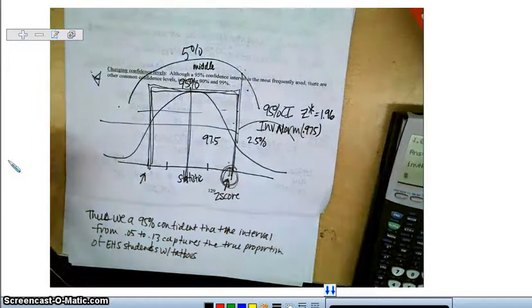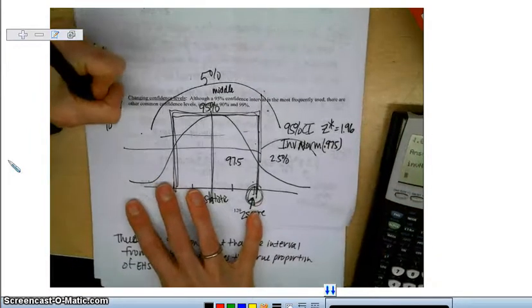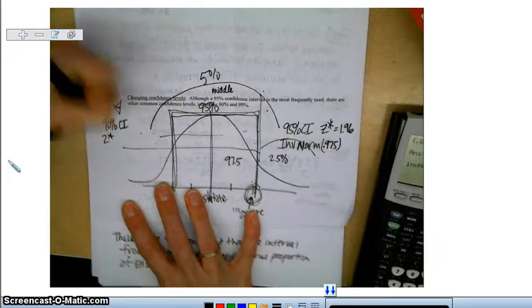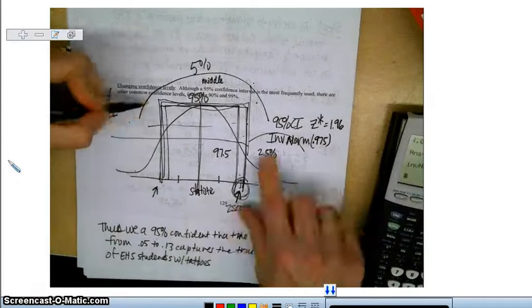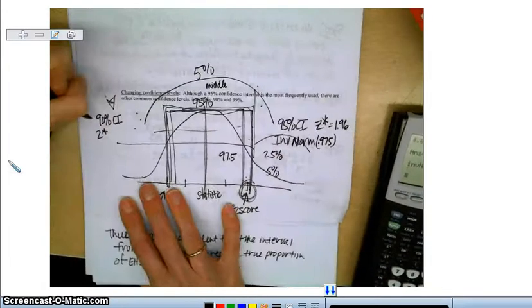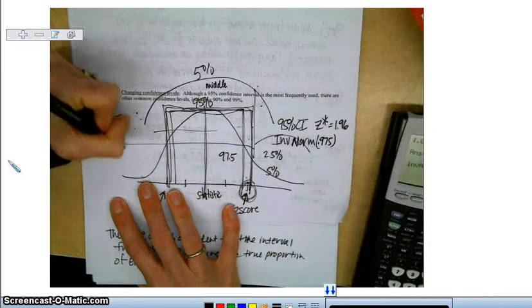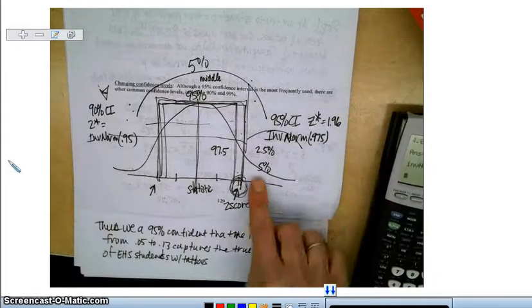Now let's say we want a 90% confidence interval. 90% is in the middle, so that leaves 10% on either end, so 5% here. So for a 90%, you're going to do inverse norm 0.95, because there's only 5% above that line.